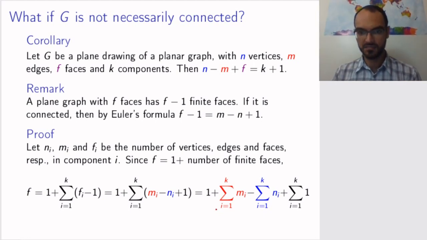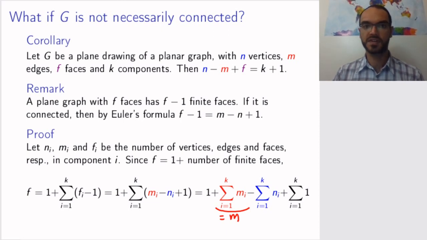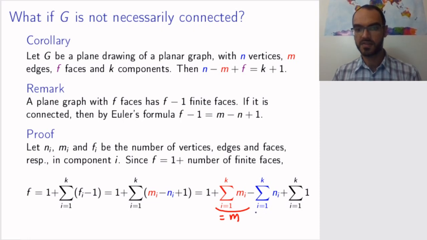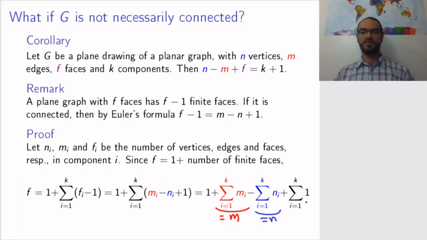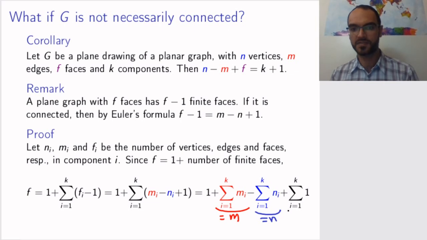So the sum of the numbers of edges in each component is exactly the number of edges in the big graph. And same with vertices, because every vertex of our graph lies in exactly one component. So the sum of the numbers of vertices across the components is the number of vertices in the big graph. And if you sum the number 1 k times, 1 plus 1 plus 1, etc., then of course you get k, which happens to be the number of components.